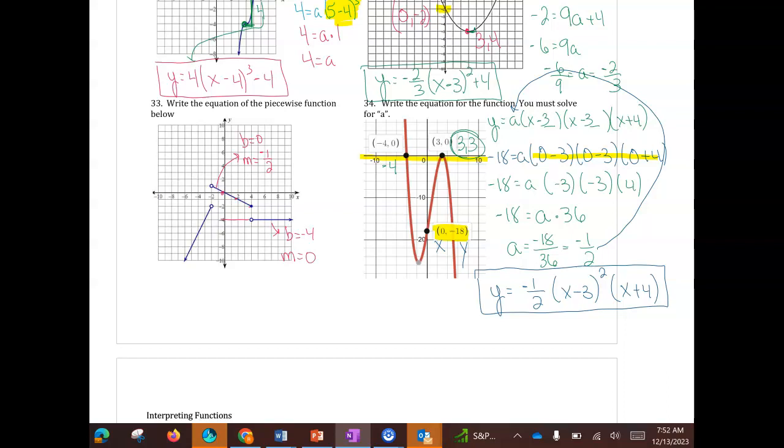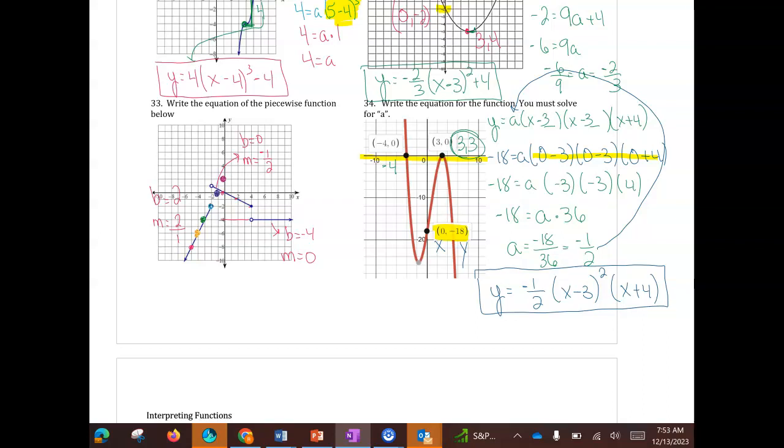And then on this one, when I look at nice easy points, I can see my m is 2 over 1, positive because it's going uphill. And then if I just continue that, up 2 over 1, up 2 over 1, I'll see that my y-intercept also happens to be 2.